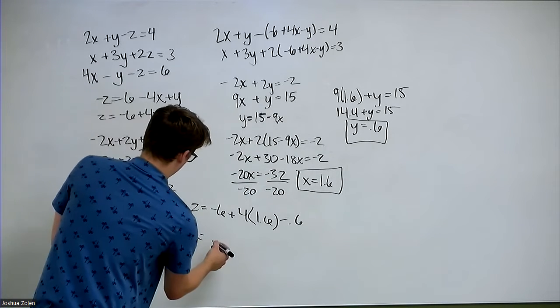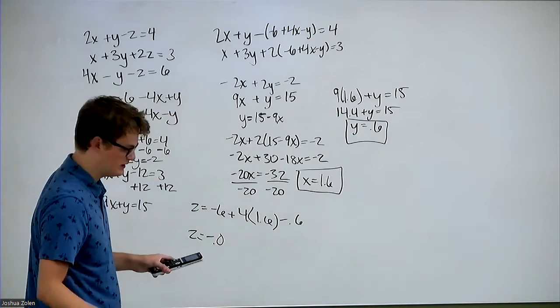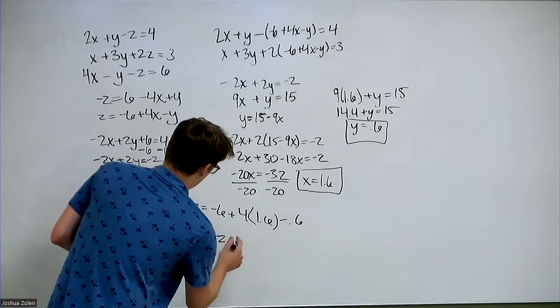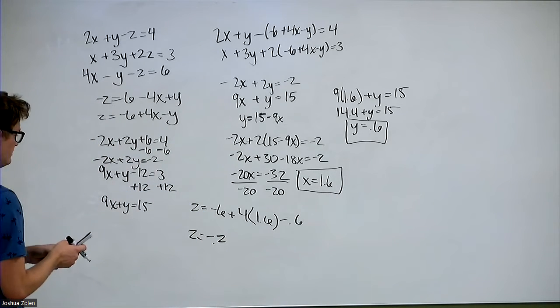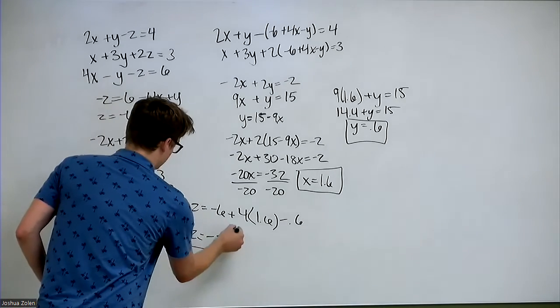And then if we plug all that in, we get z is equal to -0.2. Okay, that's right. Now we have our three different variables.